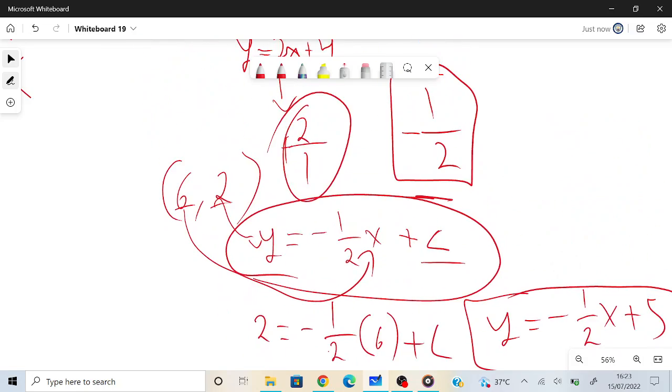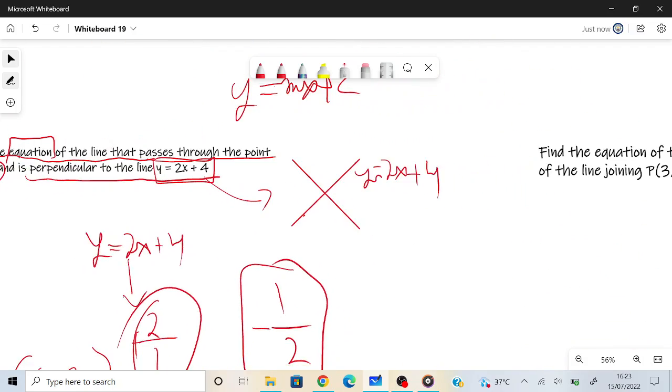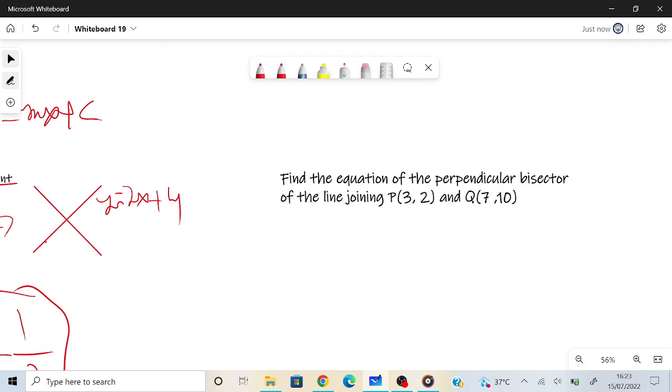And on to the final example for this video. This one says find the equation, again equation, not gradient, of the perpendicular bisector of the line joining 3, 2 and 7, 10.